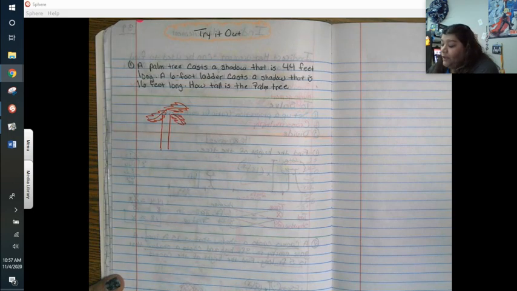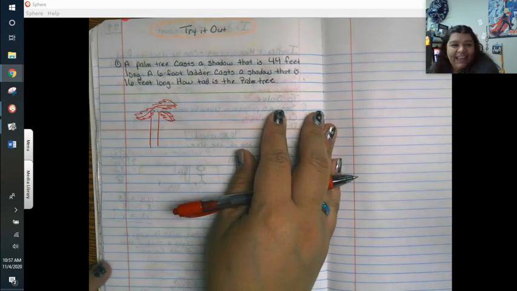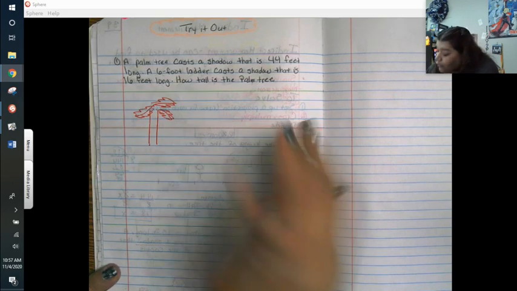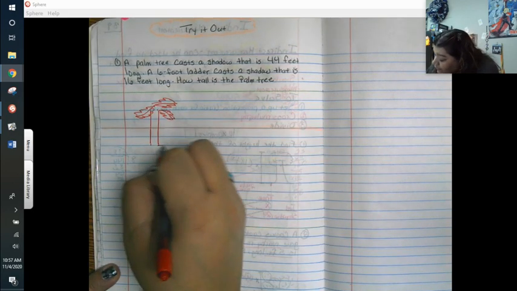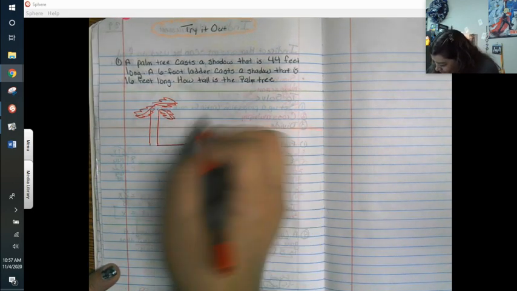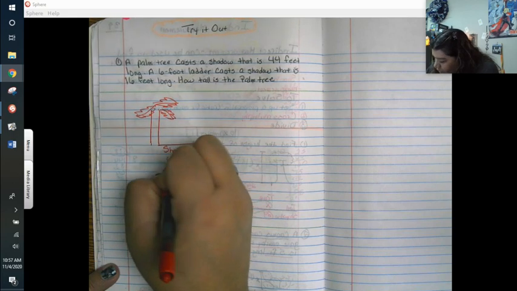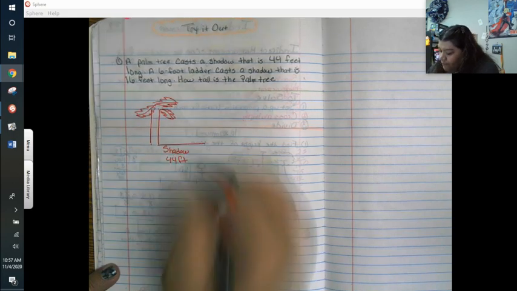Don't laugh. There's my palm tree. Okay. My palm tree casts a shadow that is 44 feet long. So I can do the shadows pretty well. So this is a shadow, 44 feet long. All right.